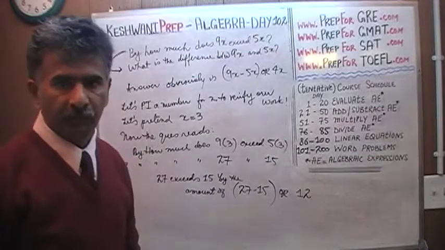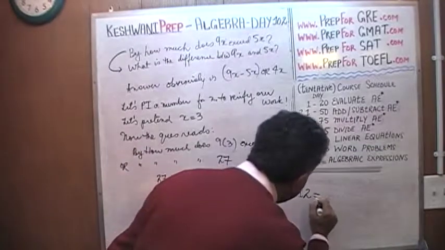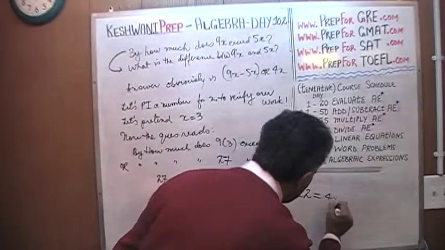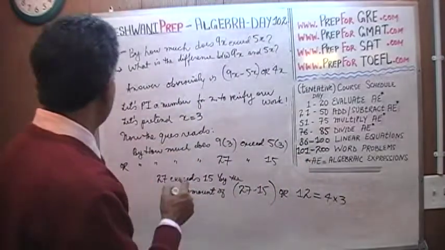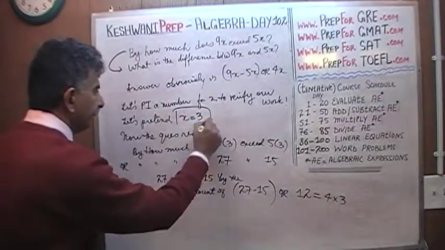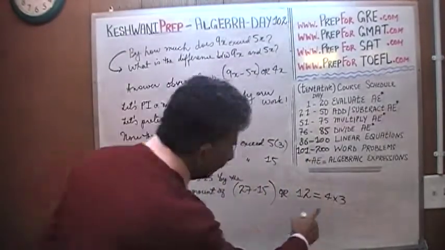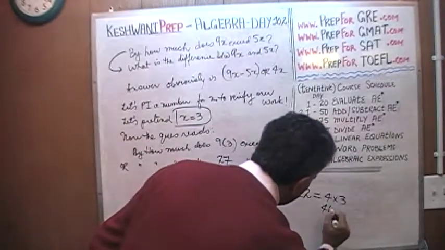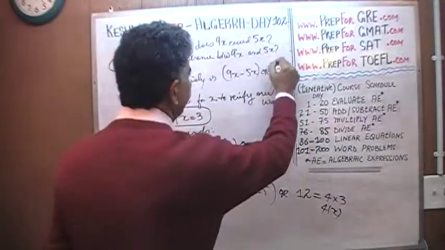Where is this 12 coming from? This 12 is the same as 4 times 3. And remember, our x was 3. 4 times 3 is your 4x. Voila. You see? Right there.